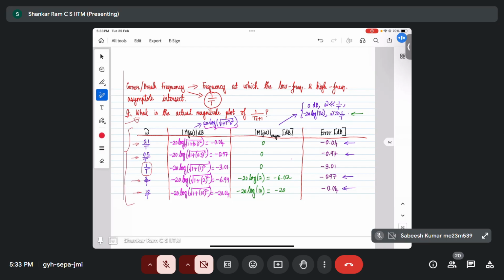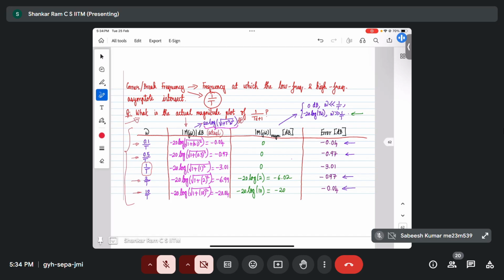In this column with the pink elements, we are plotting the actual magnitude. What was the actual magnitude? It was minus 20 log of the square root of 1 plus T squared omega squared, in terms of decibel measure.